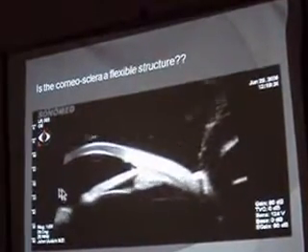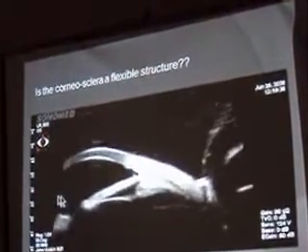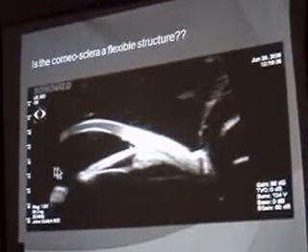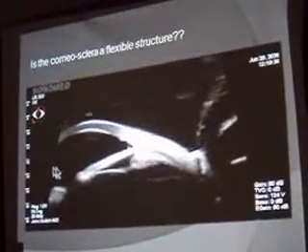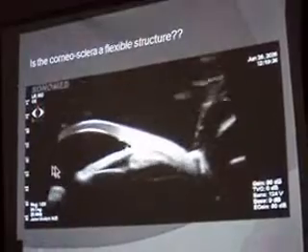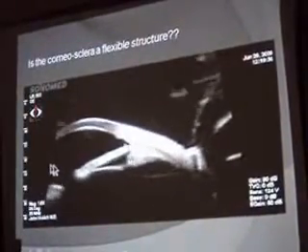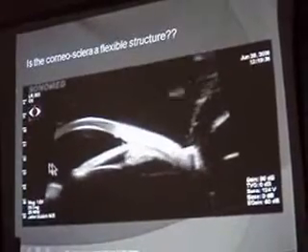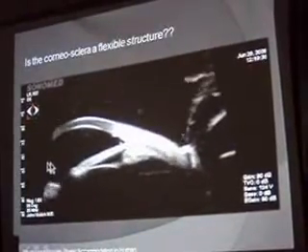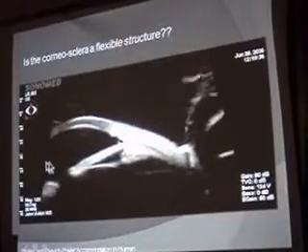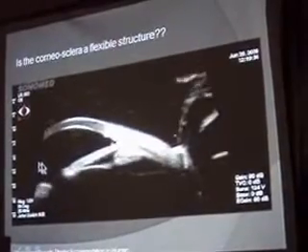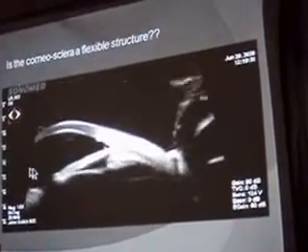Also, another factor that is probably going to take place: take a look at that picture and see how the ciliary body is moving. It's contracting and decontracting, moving forward and backward. You probably noticed that the sclera is also moving, something that we used to consider a very rigid, non-flexible structure.